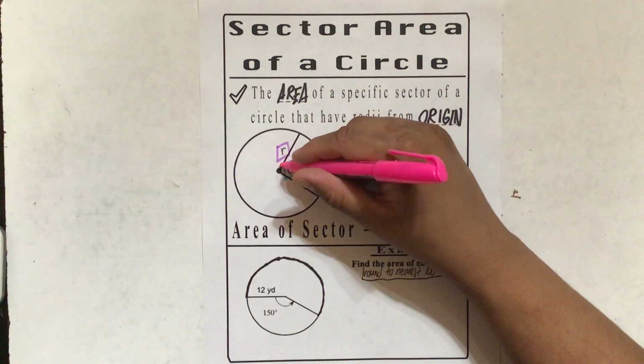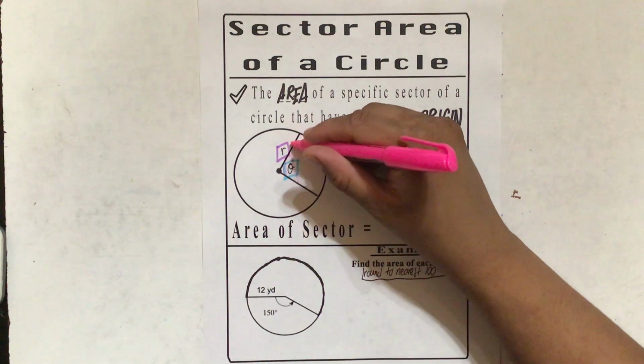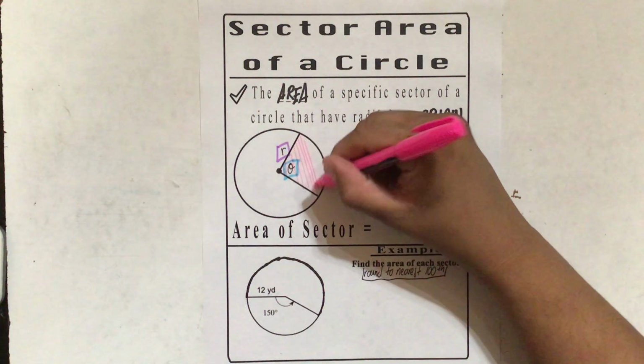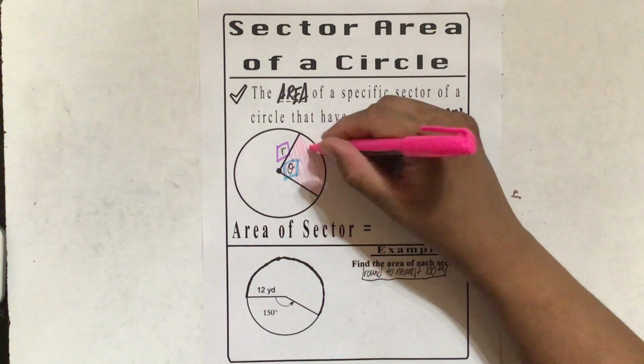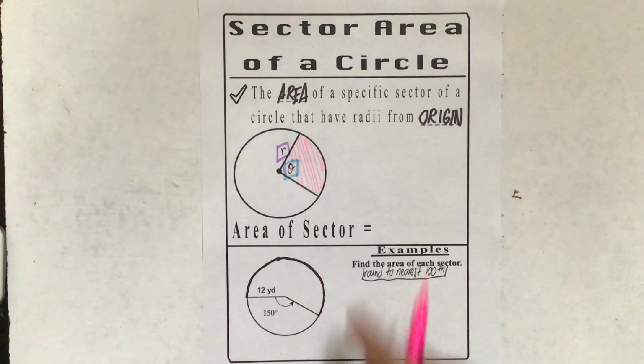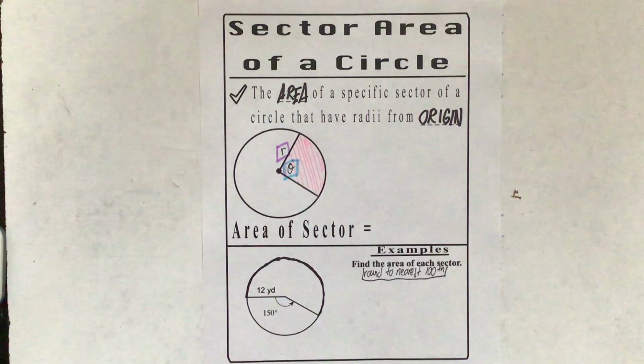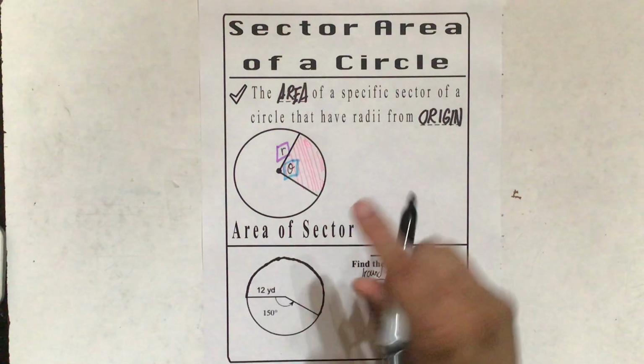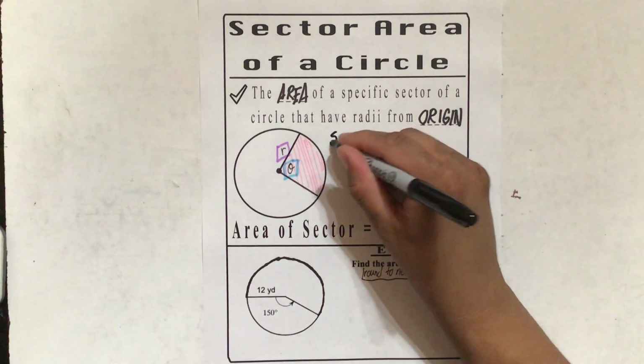So the area is what's inside the actual pizza. That's the area. We're going to find how much space that is. So we're going to start with SA.